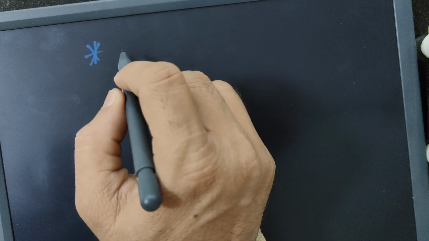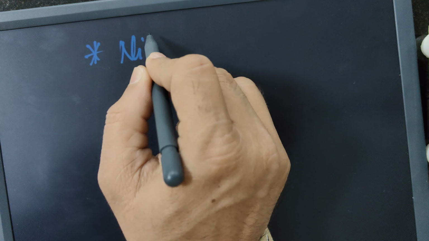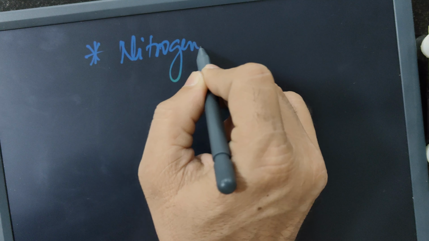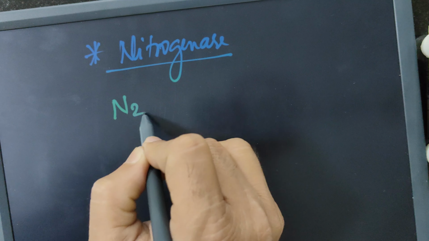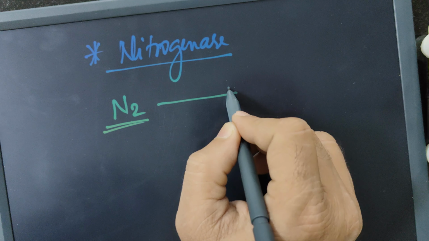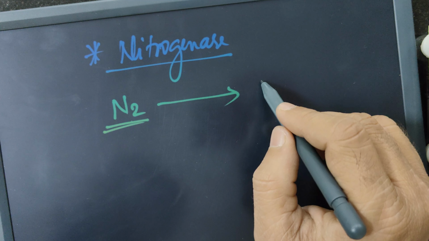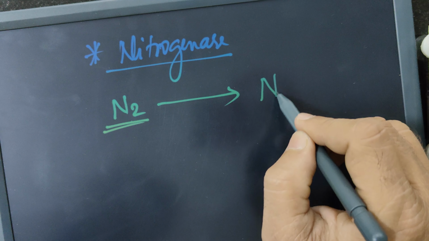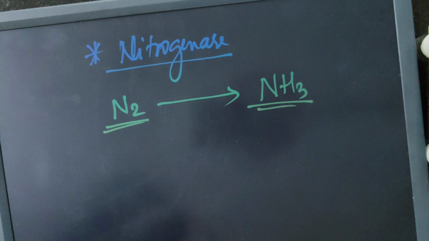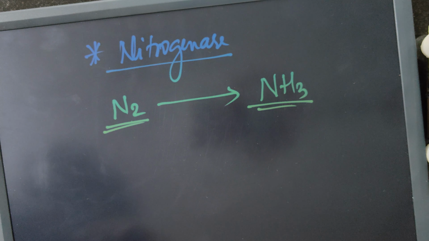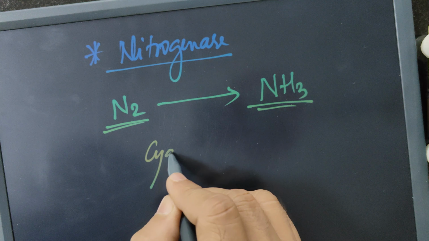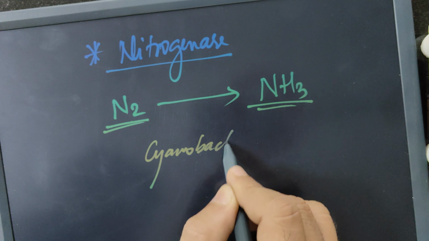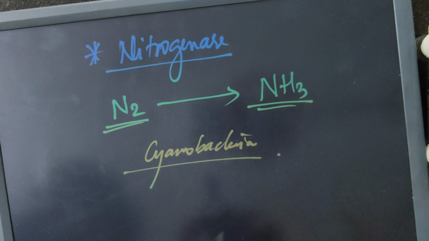My dear students, we all know that nitrogenase is the enzyme which fixes atmospheric nitrogen, or converts atmospheric nitrogen into ammonia. Similar strategies have been implemented by the cyanobacteria as well.